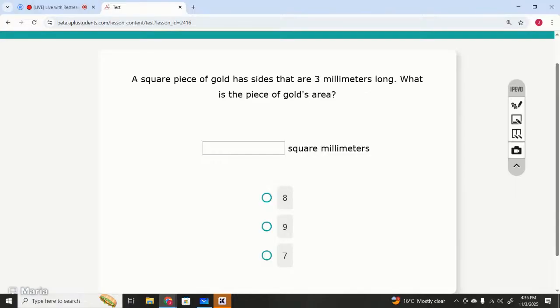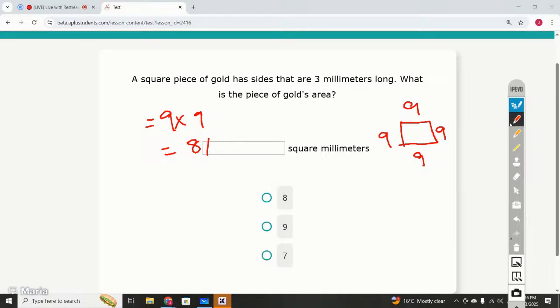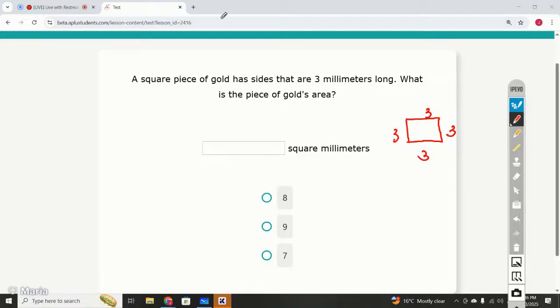A square piece of gold has sides that are 3 millimeters long. What is the piece of gold's area? We have to calculate the area of the gold. So one of them is 3 millimeters. So all of the side lengths are 3.